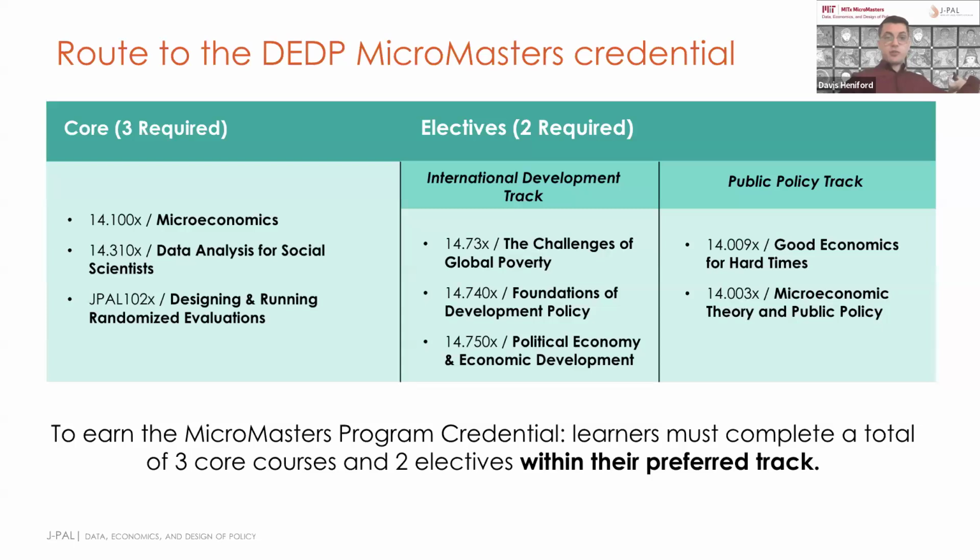To complete the MicroMasters credential, you must complete these 3 courses as well as 2 electives in one of the 2 tracks. To learn more about the courses, there is course information and previews that are available on the DEDP website and on MITx Online. Course previews also provide links and recommendations for various resources and supplementary materials.